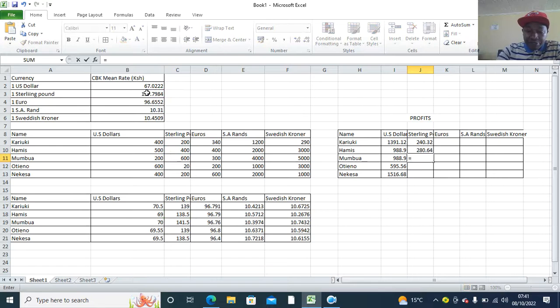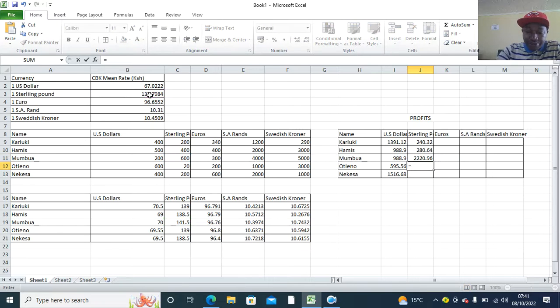For this one equals, open the bracket, for the third person 600 multiplied by 141 minus, open the bracket, the same 600 multiplied by this 137, like that.